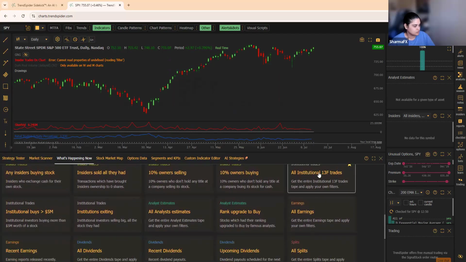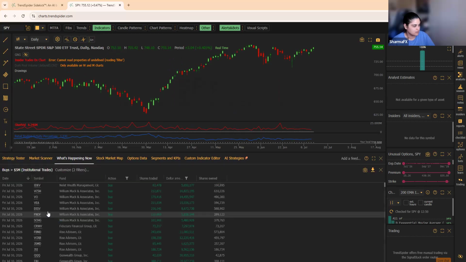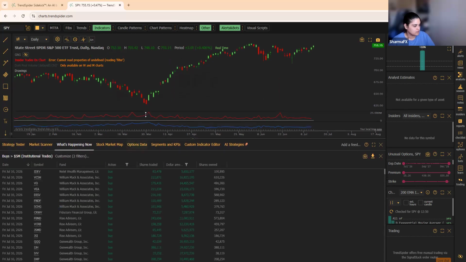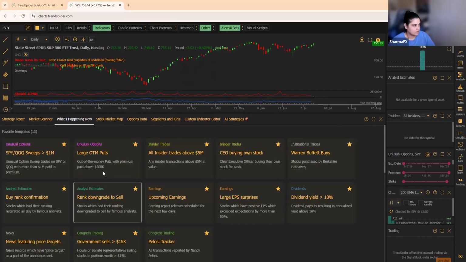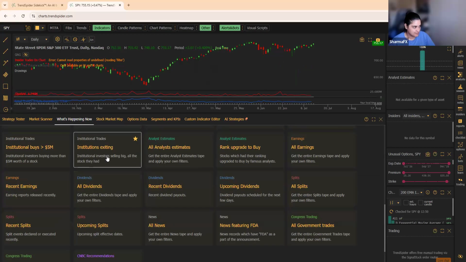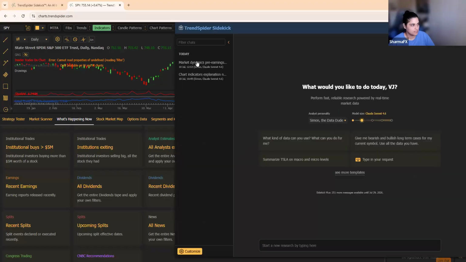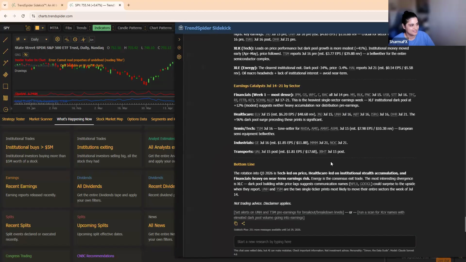So that is the institutional trades right there. Institutional buys above $5 million worth. And if you want, you can go through all of that. I don't want to do that. And also you have your institutional exiting. So institutional investors selling big, all the stock that they had. I don't want to look at all of that. You can do it, if you have time. I don't have time right now to do all of that.